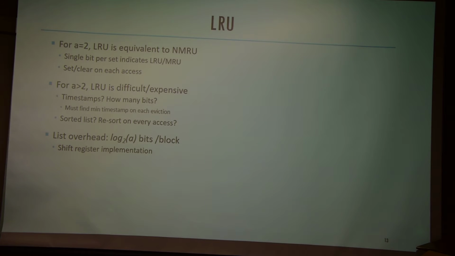The list overhead is log2 A bits per block. No, that's good enough, right? That's the number of bits you need extra per block to store as a counter value. And if you have a list itself, if you think about the access time, say you have some list structure with pointers and maybe a linked list type of structure.